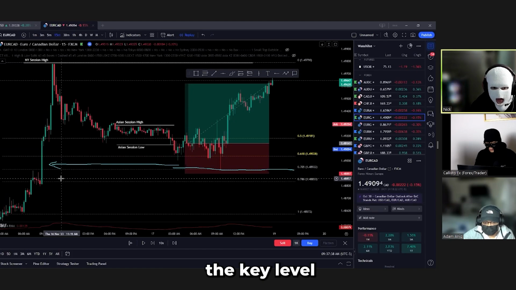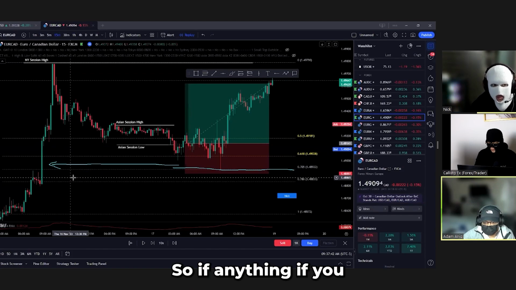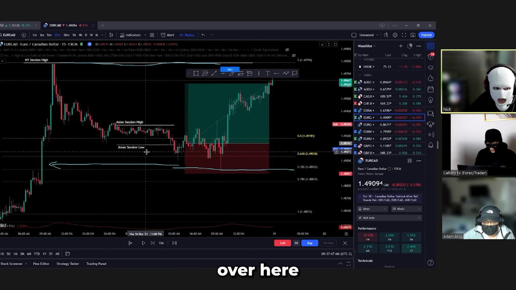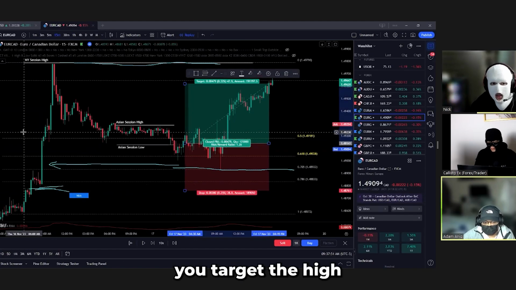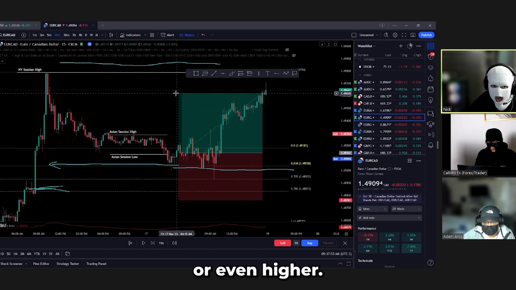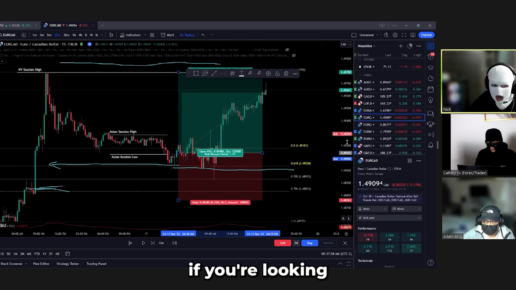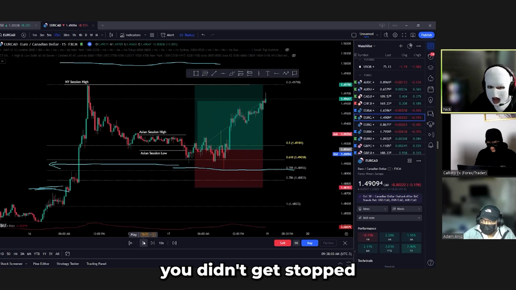A key level and an order block. So if you want to swing this and target this high over here, you should put your stop loss below this area here, so below the order block. Then you target the high, or even higher. That would make more sense to me if you're looking to swing trade. But okay, good. I guess you got lucky, you didn't get stopped out.